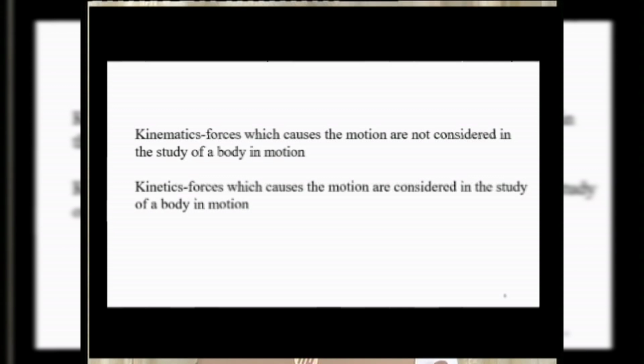Here the forces which cause the motion are not considered in the study of a body in motion, and in kinetics, the forces which cause the motion are considered. The major difference between the two is that in kinematics we don't consider the forces, and in kinetics we consider the forces. Both kinematics and kinetics come under the sub-part of dynamics. Dynamics, again, is a branch of engineering mechanics where we study the behavior of a body in motion.